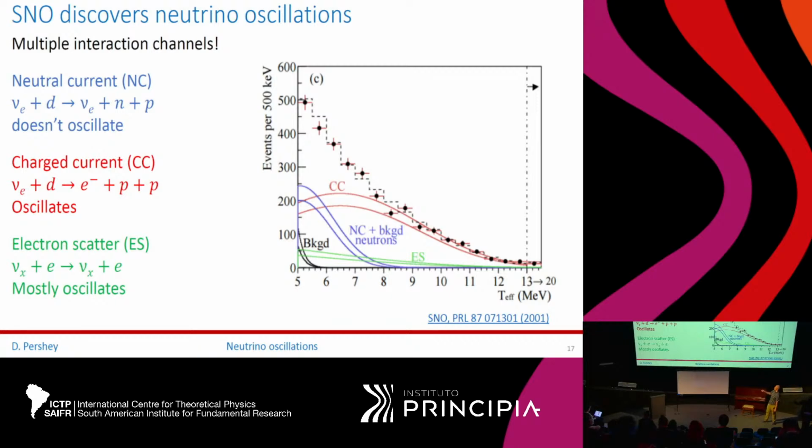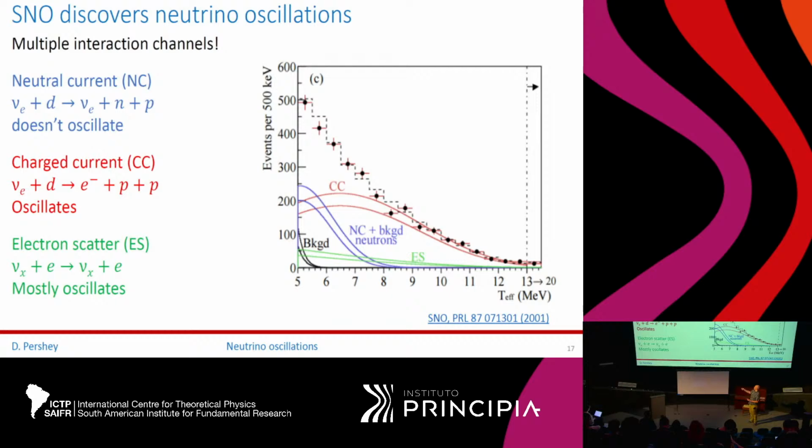In heavy water, you have multiple interaction channels. That is what is key. Now you have a neutrino scattering on deuterium. Deuterium is a more complicated nucleus than just hydrogen, just a proton. So you can get this neutral current interaction where the neutrino just splits up the deuterium, gives you a neutron and a proton, and that gives you just a gamma in your detector, so you can measure that.